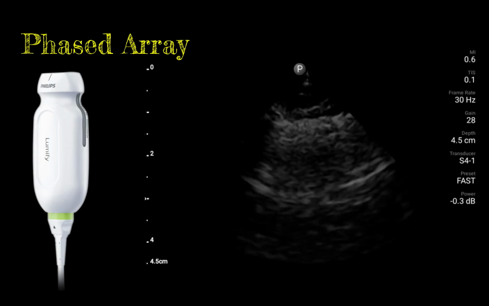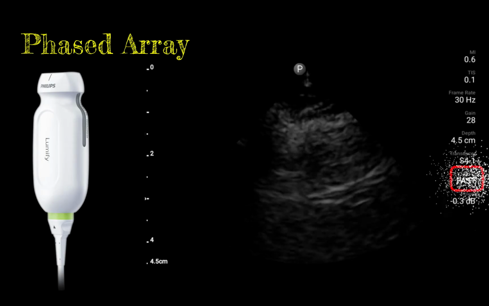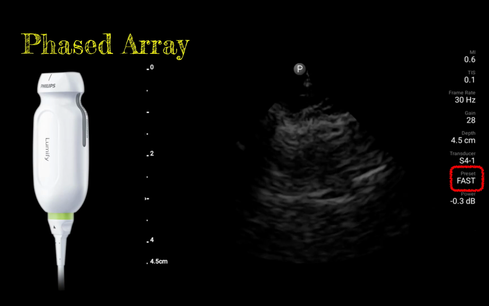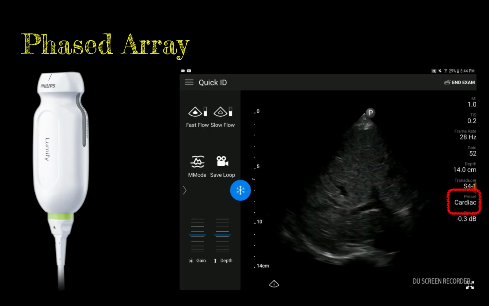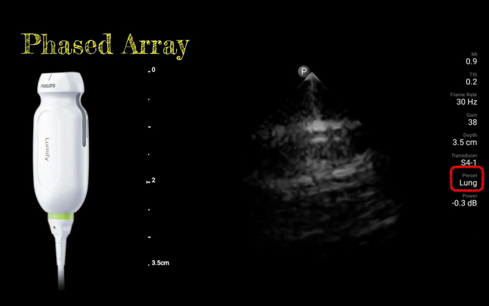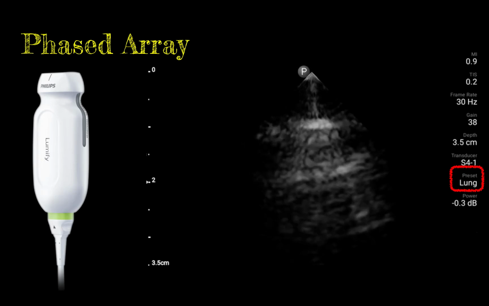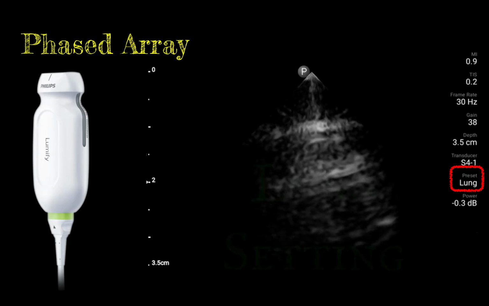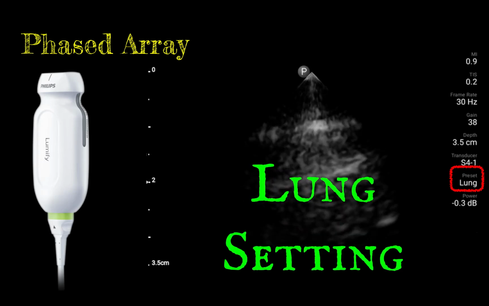Now recall that we have been doing most of our exams in the fast setting when you first turn on the machine. However, you can go to the upper left-hand corner menu and select the lung exam. The lung exam will allow for better visualization of the pleural line, and so that's the next adjustment. Turn on the lung settings.